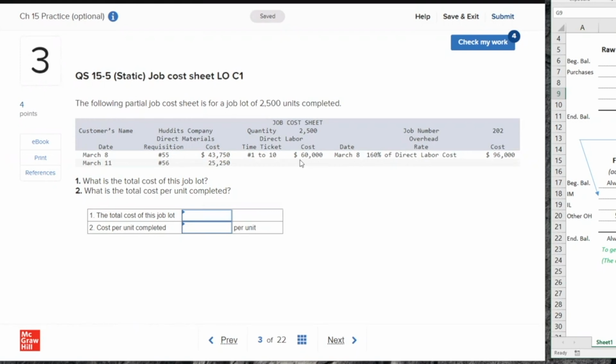Well, what is the direct labor cost? 60,000 times, now 160%, that means times 1.6, right? If you move the decimal. So 60,000 times 1.6. Yeah, that's $96,000.